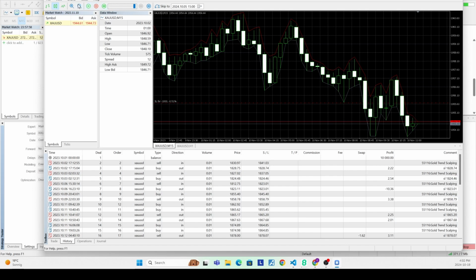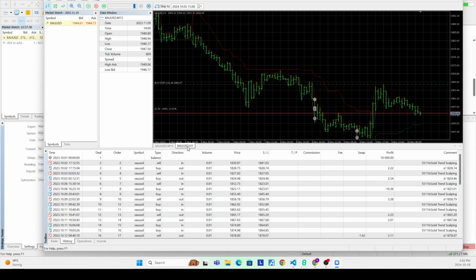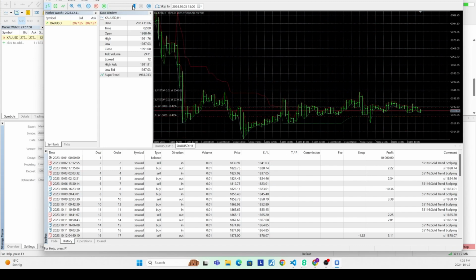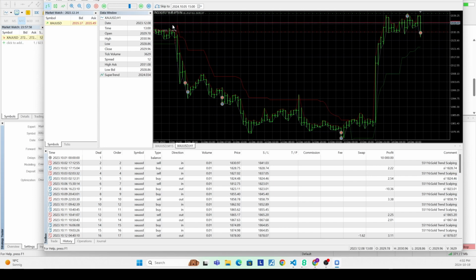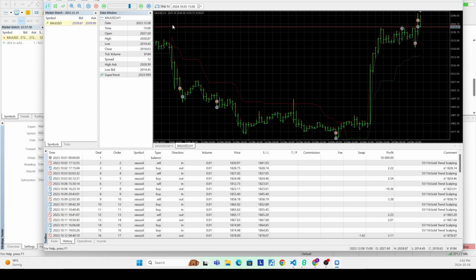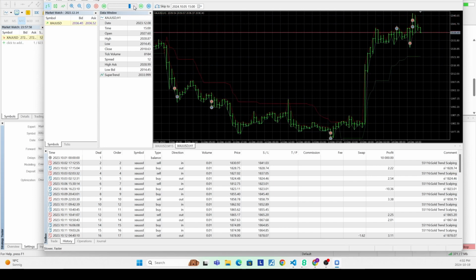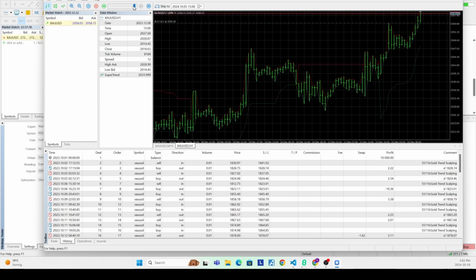Okay, we are getting some results. So I will zoom out and go to the H1 just to see how it's running. I think I am well aware how this system works.